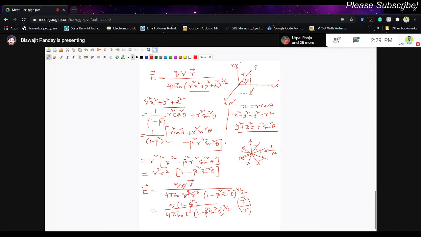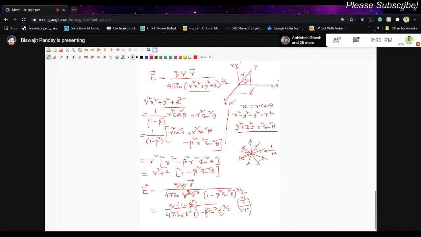But when you look at the electric field produced by the moving point charge from the laboratory frame, it will no longer remain the same because of this theta dependence written here, right? So even though the field is inverse square, 1 by r square is there, and radial in nature, there is a direction dependence.